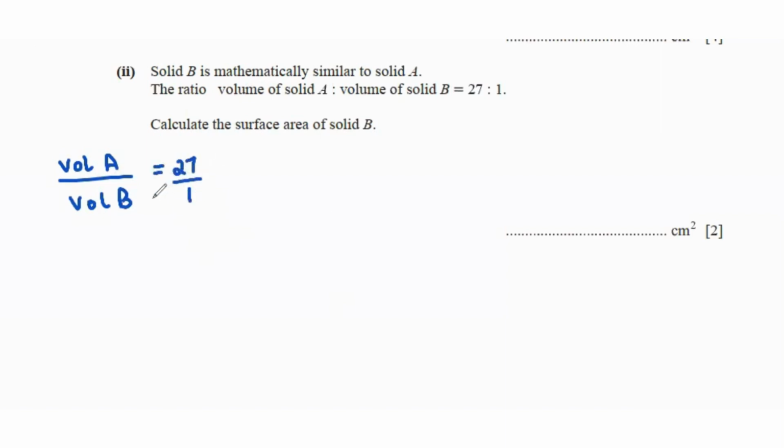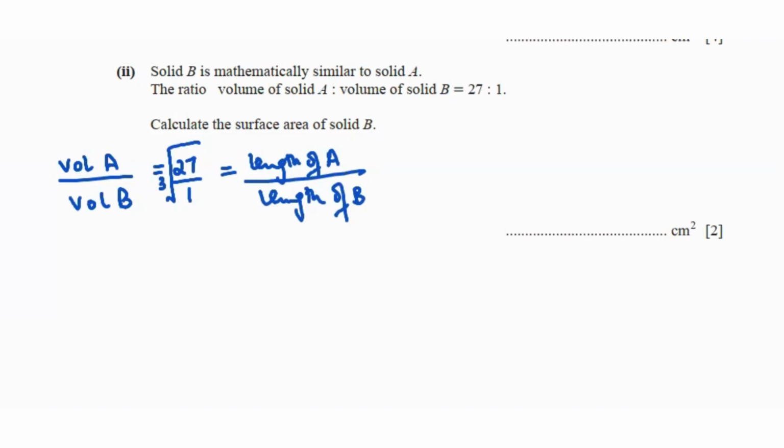If we take the cube root of this, that will give us length of A over length of B. If you remember the theorem for similar shapes, the ratio of the lengths of two similar shapes, if you cube it, will equal the volume ratio. And if we square that ratio, that equals the area ratio.